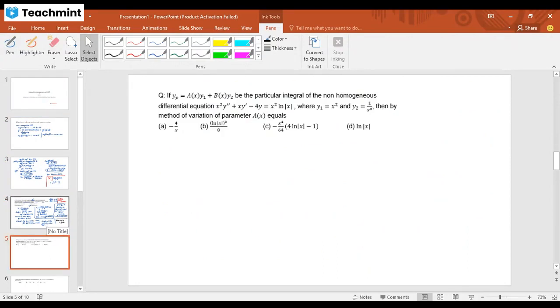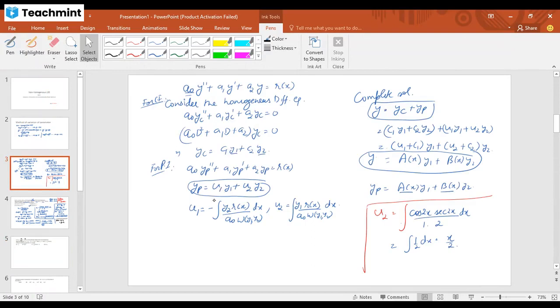Let us try another one. In this case, again, we have considered the same problem, but this time we are given that yp is a particular integral. A particular integral means that here Ax is your u1 and Bx is your u2. Here we have used your particular integral as u1 y1 plus u2 y2, so this u1 is nothing but your Ax and u2 is your Bx only.